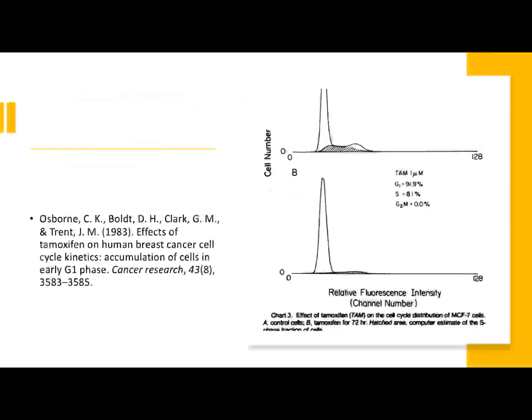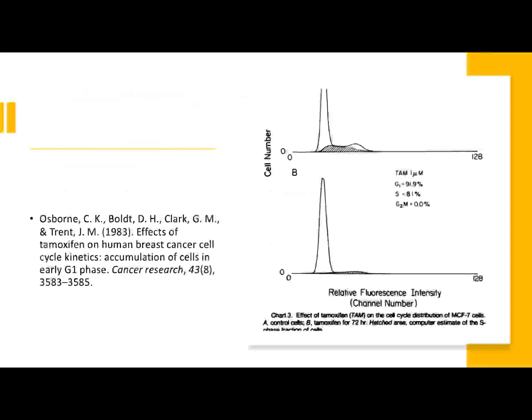So now to talk about it step by step and what's going on here. In order to determine the effects of tamoxifen on the distribution of MCF7 cells in other cell cycle phases, DNA histograms were obtained by flow cytometry of mithramycin stained cells. After 72 hours in a control medium, 72% of the cells were in the G1 as revealed by computer analysis, and 9% were in the G2M phases.